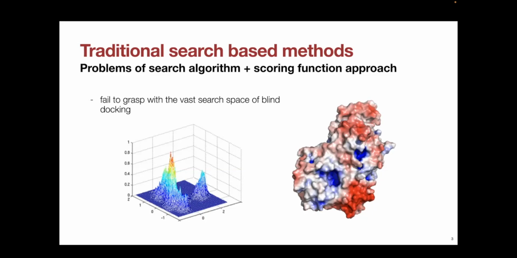We have this energy function, the score function, and then we use a search algorithm to find the minimum of this energy function. But of course, if we have a very large search space of blind docking and we don't already know the pocket, then this can take a long time to find the minimum.